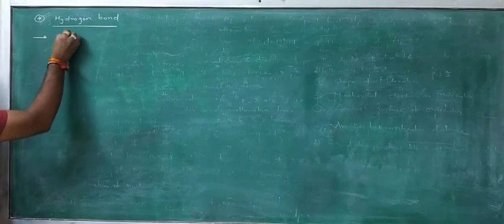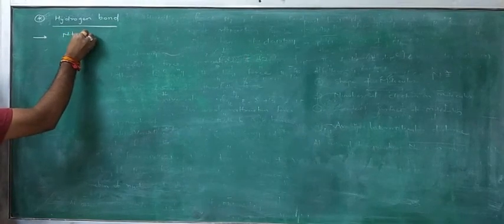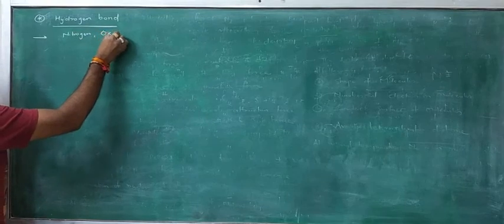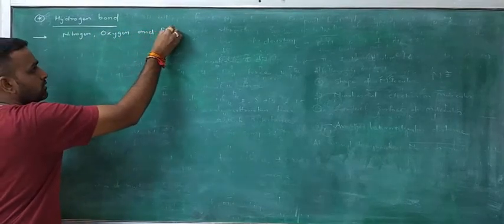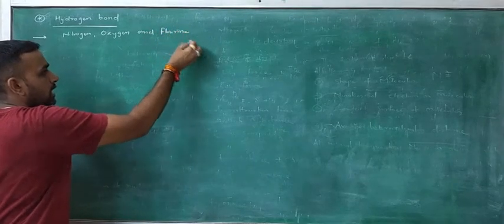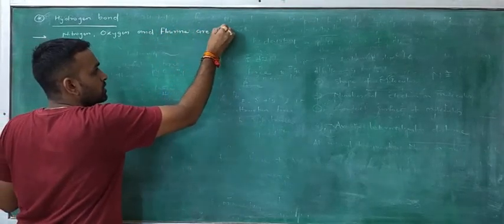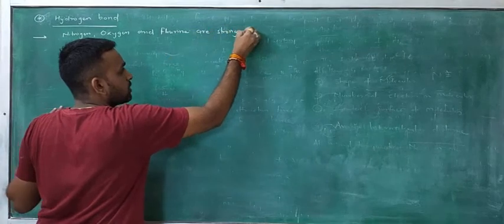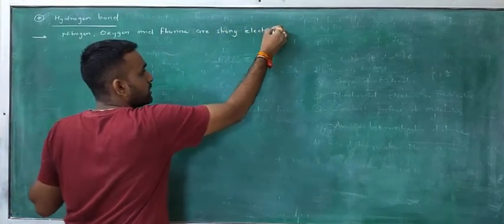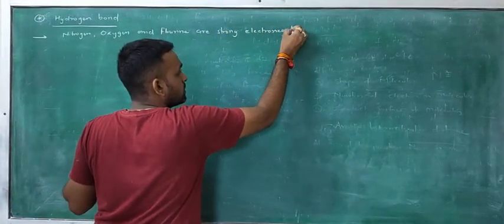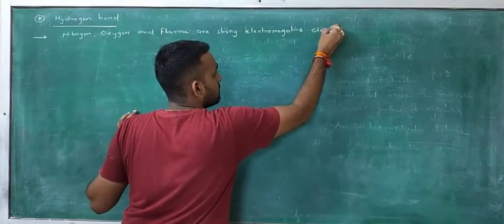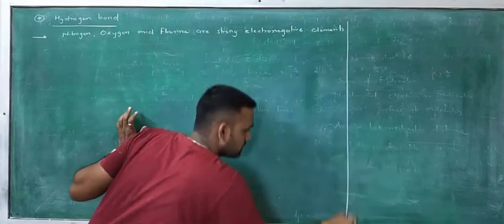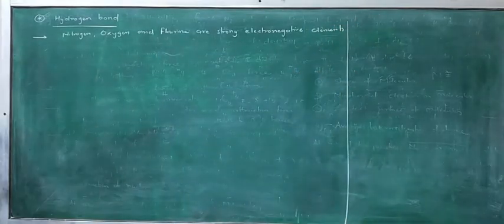Right? Like right now here, nitrogen, oxygen and fluorine are strongly electronegative elements. Understand? Strongly electronegative elements.